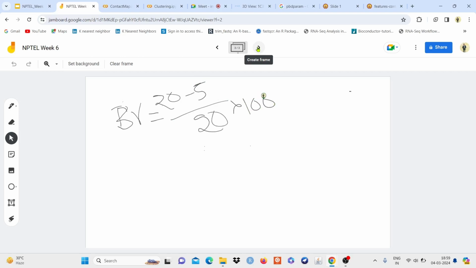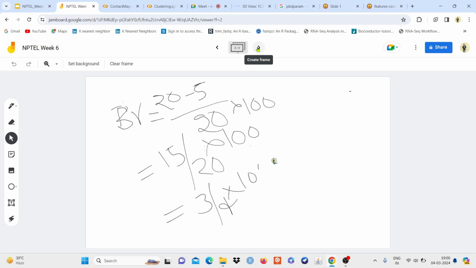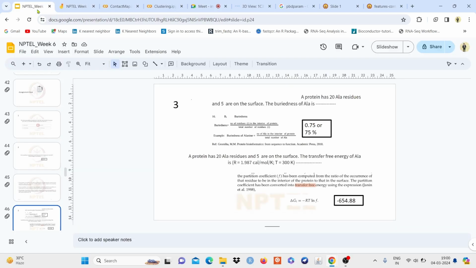So it is 15 divided by 20 times 100, which is 3 by 4 times 100, that is 75%. So buriedness is calculated this way.